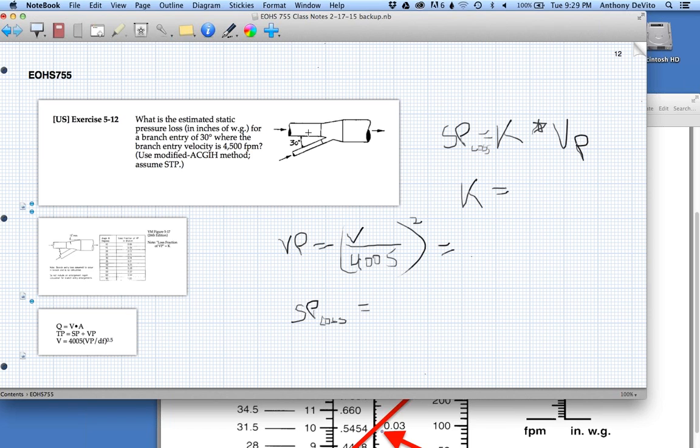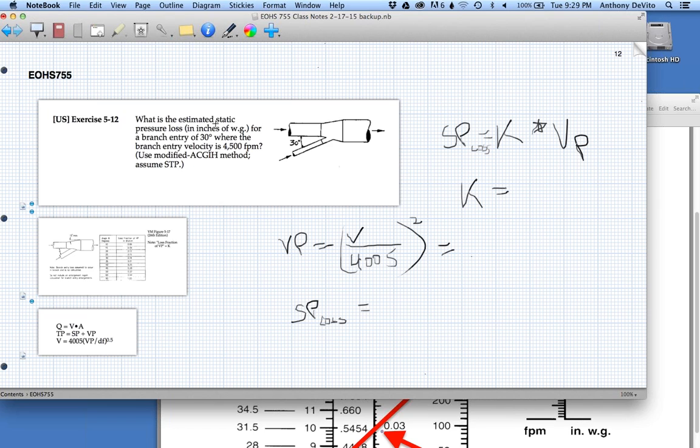And we're going to take a look at how we're going to solve this for a branch. How much static pressure loss takes place at a branch? I probably would have put this off and done some other stuff first, but this is the sequence that they covered in the industrial ventilation workbook. So let's stick with what Jeff is doing here and continue with the sequence of work that he's doing.